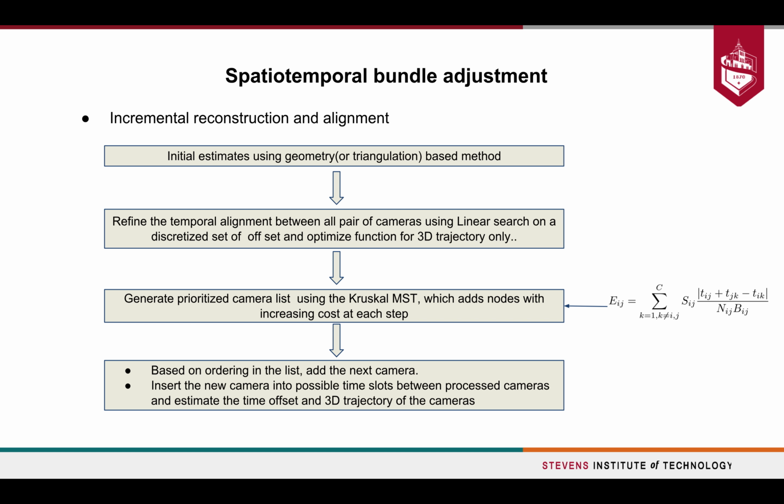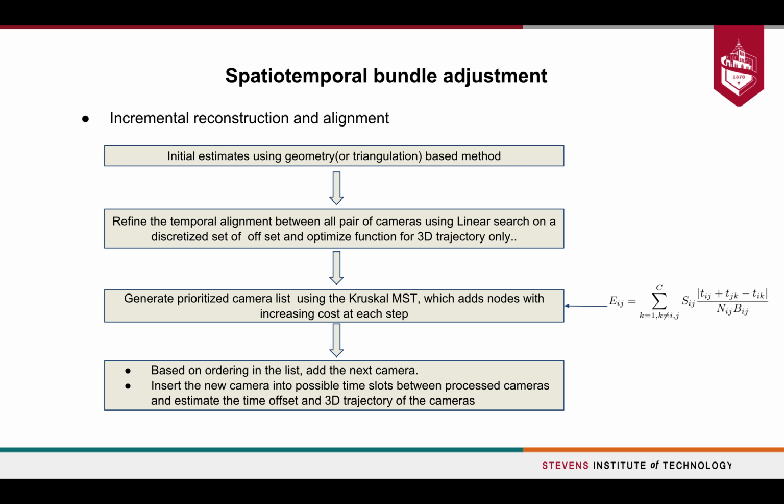And then they try to find the ordering of the processed cameras. Because this is an incremental method, he needs to add cameras one by one. He tries to find this ordering to add the cameras, and they treat each camera as a node in a tree and use a minimal spanning tree method.